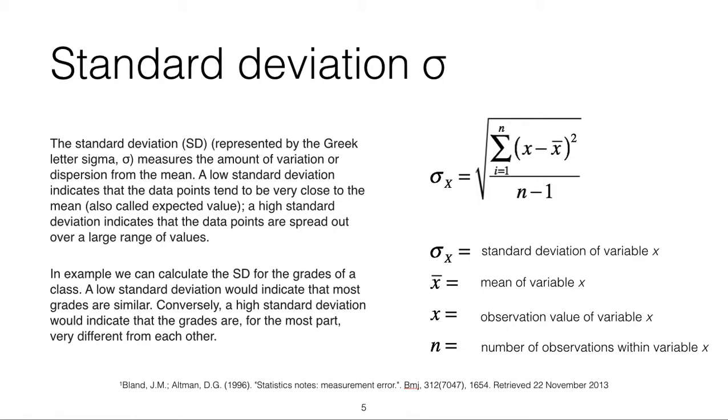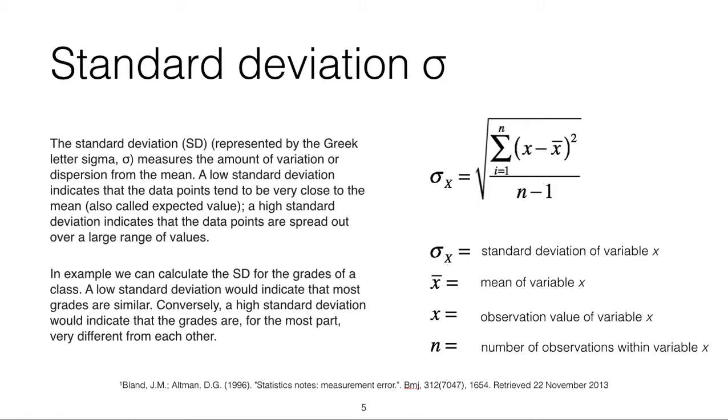We see the formula there on our right-hand side, where the standard deviation is built from x minus x bar, x being each observation, x bar being the mean. We square those differences, sum them all up, and divide by the number of observations, n, minus 1. We take the square root of the result, and we have the standard deviation.